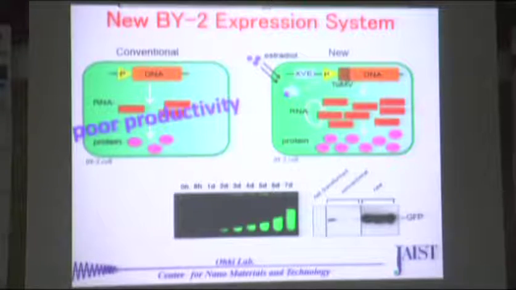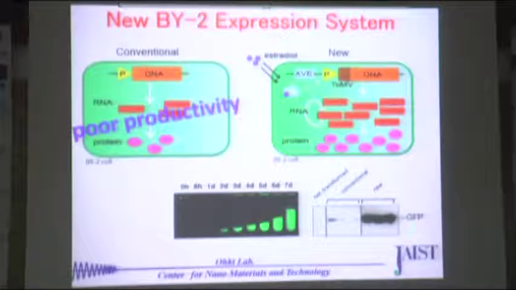And estradiol is an enhancer for this transcription, similar to IPTG in the case of E. coli. So this is the result of production of GFP.